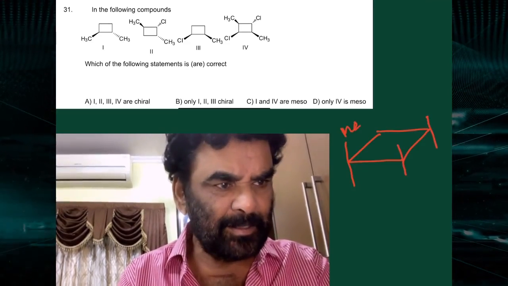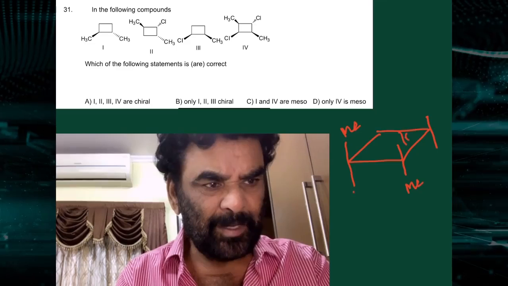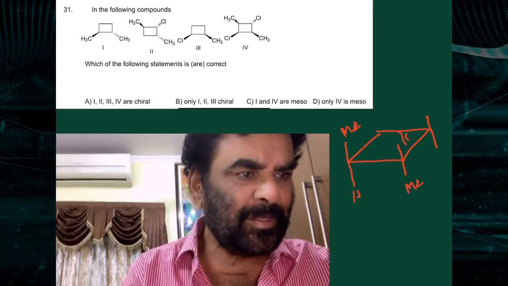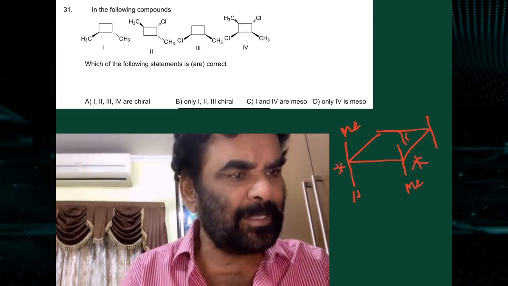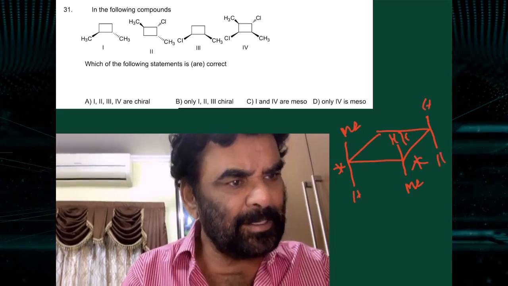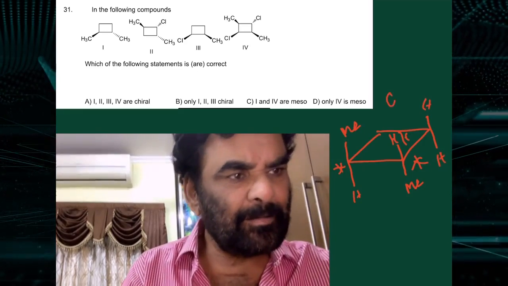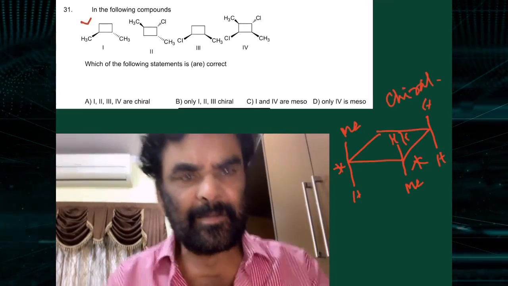There is no plane of symmetry, no center of symmetry. This is a chiral center, no plane of symmetry. Therefore, it is a chiral molecule. 1 is chiral, correct.